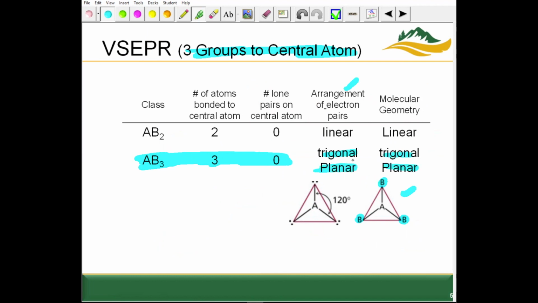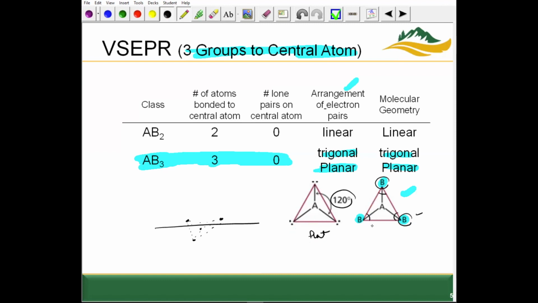Planar because we're in the plane of the page. So we're not really in 3D space, we're in the plane of the page where this is all flat. Because this is flat, we can picture this like a flat triangle.